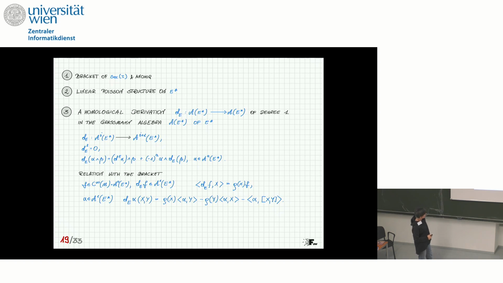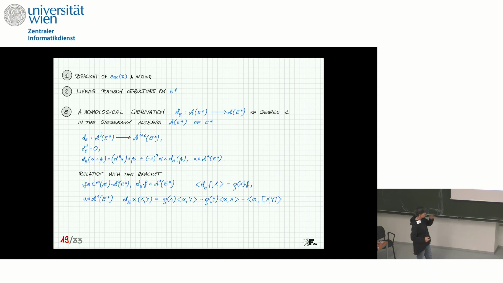And again, this derivation here can be defined in a similar manner as the so-called Cartan magic formula for differentiating forms. For a one-form, so just a section of E star, I will get something like that. If I want to evaluate this differential on two sections, I write a formula like the Cartan formula. The difference is that whenever I need to act on a function, I have to apply the anchor, and the bracket of vector fields is replaced by the bracket of sections.